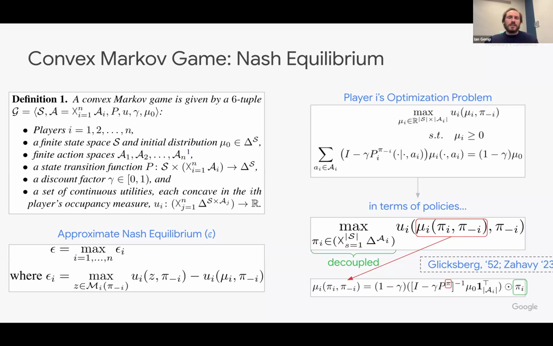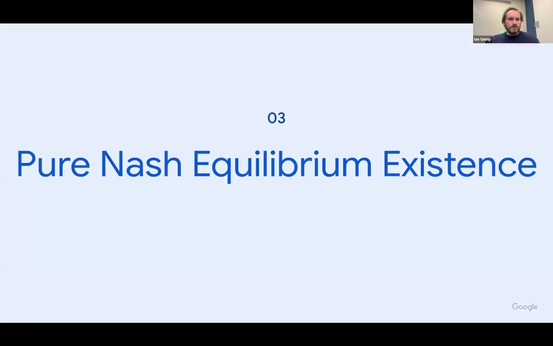In that sense, equilibrium does somewhat trivially exist if you appeal to these older results. But it's nice from a practical standpoint if we can prove that a pure Nash equilibrium exists, because then we only have to keep around one checkpoint. Okay, so that's what we're going to aim to prove here: that a pure Nash equilibrium exists.